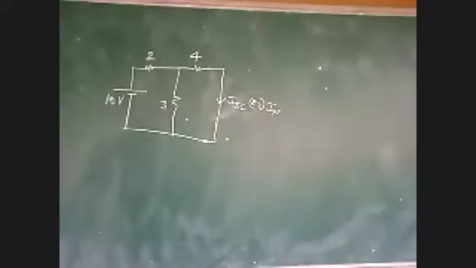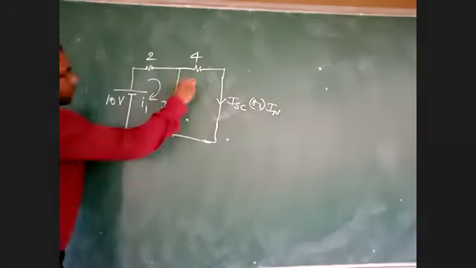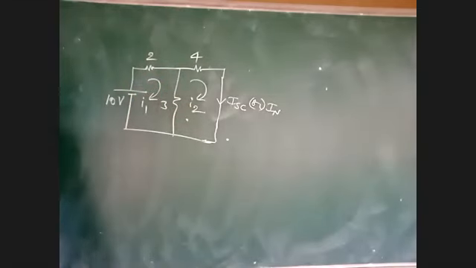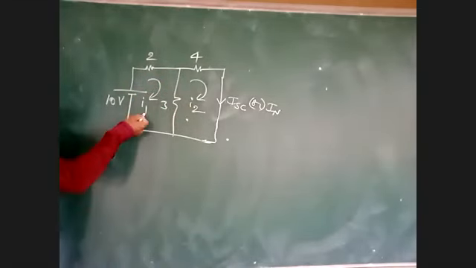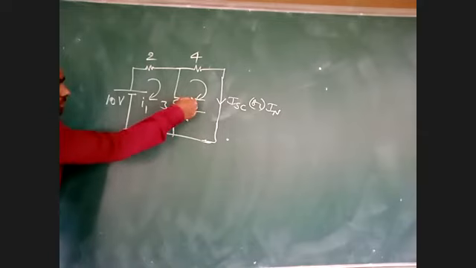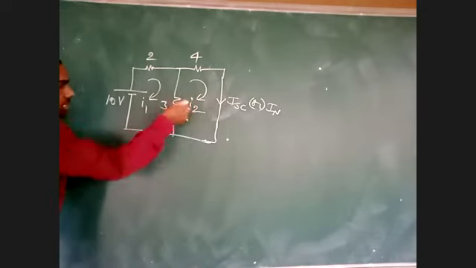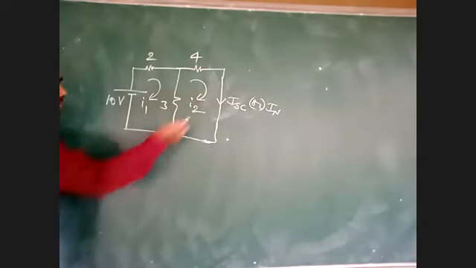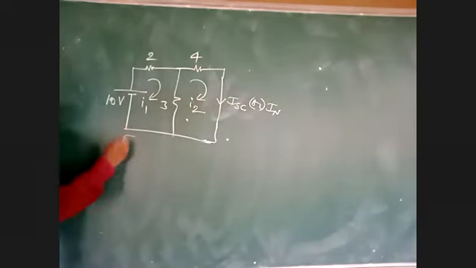Okay, we'll apply mesh analysis. Let us assume the current in this loop is I1, and in this loop is I2. Both are closed loops. In closed loops, current will flow. I don't want the current I1. I want the current I2. I2 is equal to ISC. See the direction of ISC and I2. I want I2 only. Now first write the matrix.